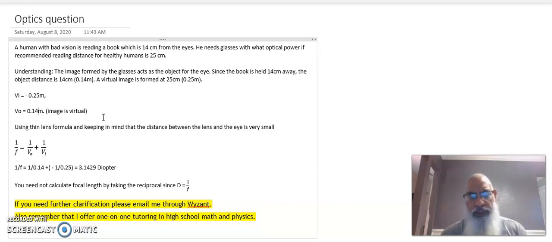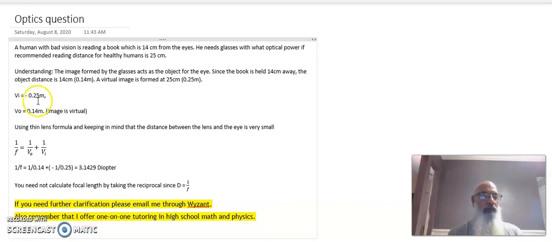There are other explanations for that also, but that is the simplest answer at this point. Because they want to read it right side up, the image has to be virtual. If the image is virtual, then the image distance is also virtual or negative.